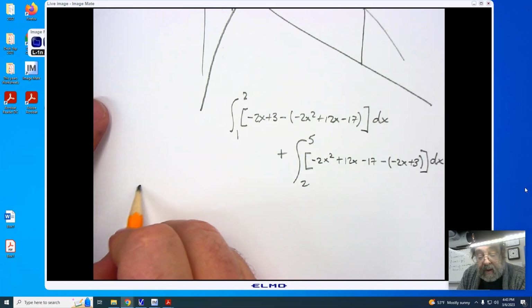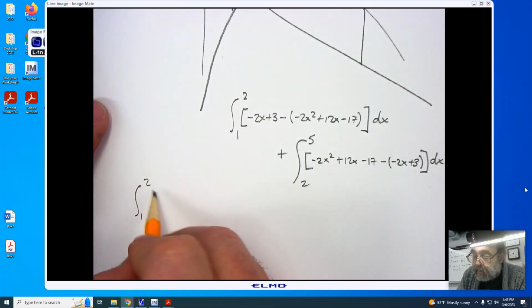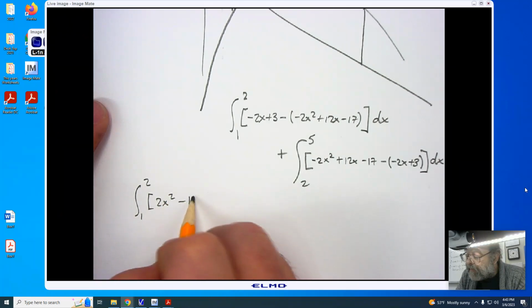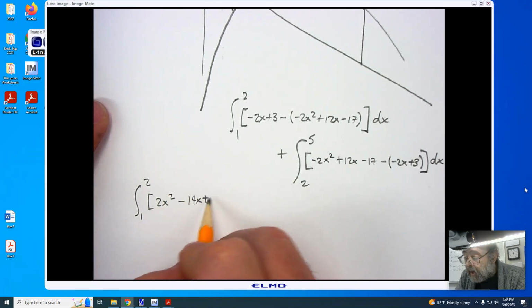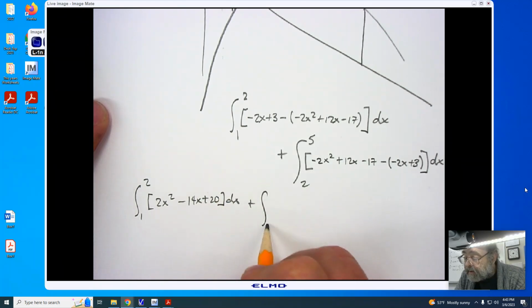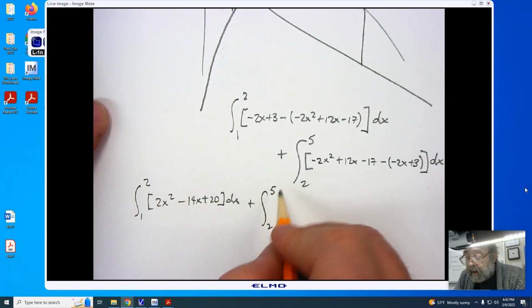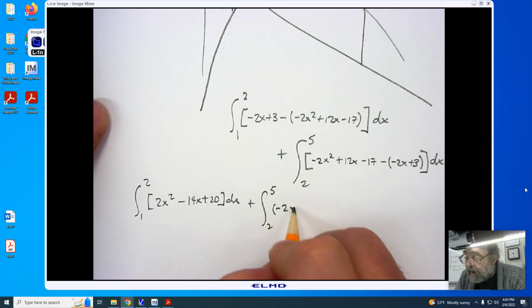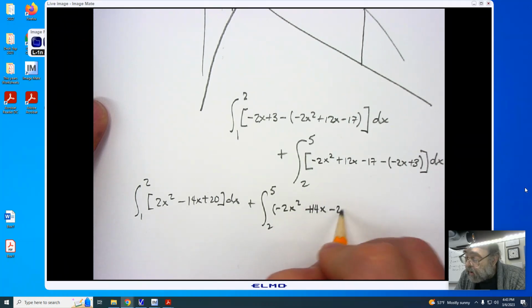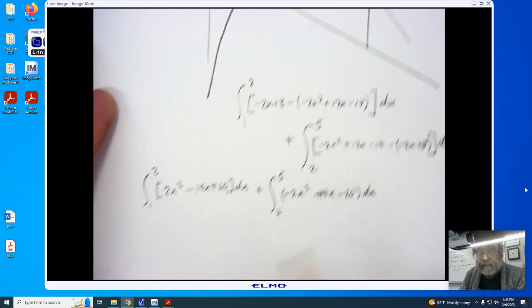And this is going to give me the integration 1 to 2 of 2x squared minus 14x plus 20 dx. Adding to it 2 to 5, and I'm looking at a negative 2x squared plus 14x and a minus 20 dx.